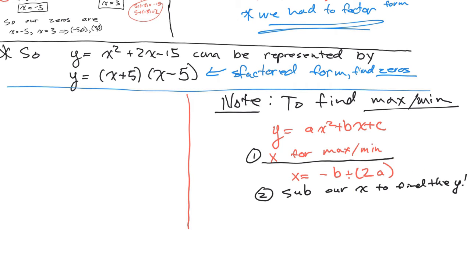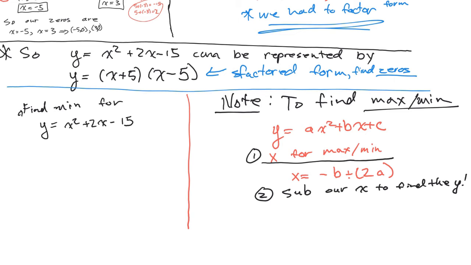So let's do that right now. This is part C. We're finding the minimum for y is equal to x squared plus 2x minus 15.